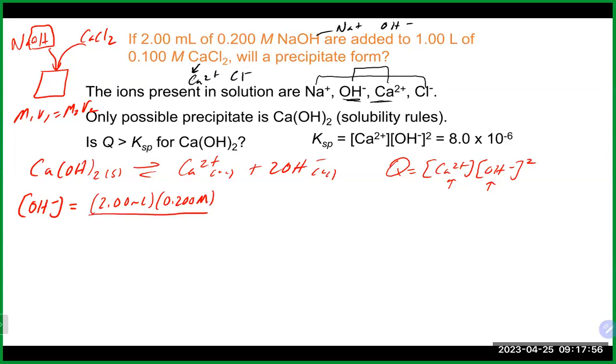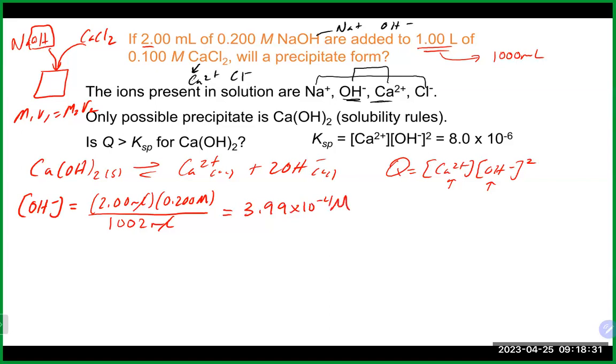I'm going to convert my 1 liter into 1,000 milliliters, so I'm just in milliliters for everybody in terms of the volume. So 1,000 milliliters of our calcium chloride and 2 milliliters of that guy gives us a total volume of 1,002 milliliters. That way everything cancels out correctly here. We end up with 2 times 0.2 divided by 1,002. Gets us a concentration of hydroxide of 3.99 times 10 to the minus 4 molar.